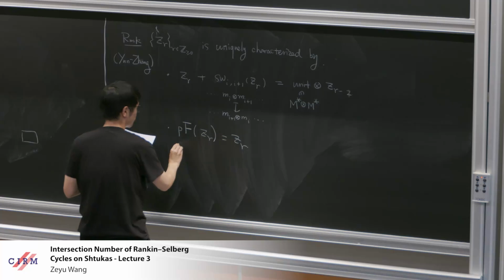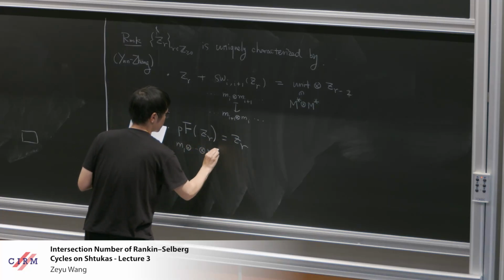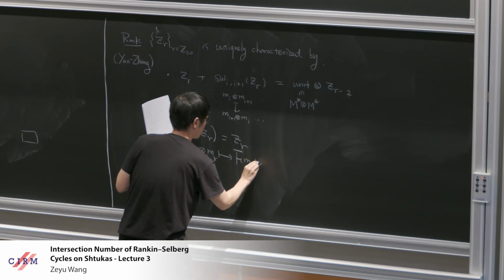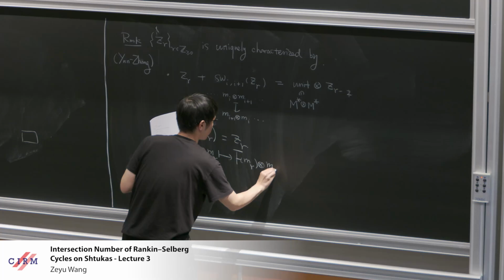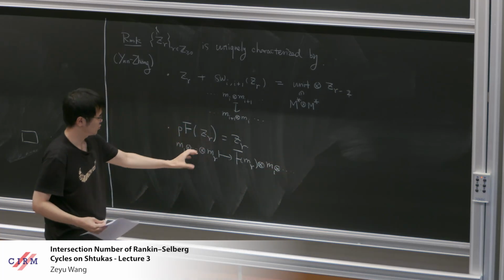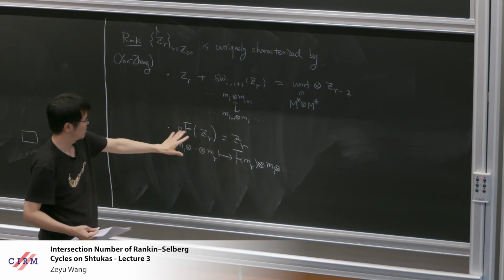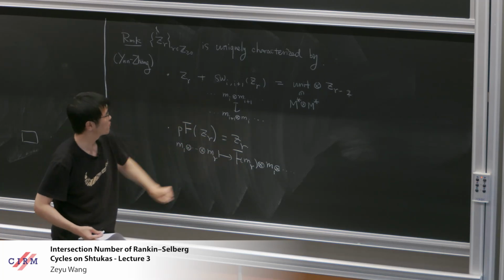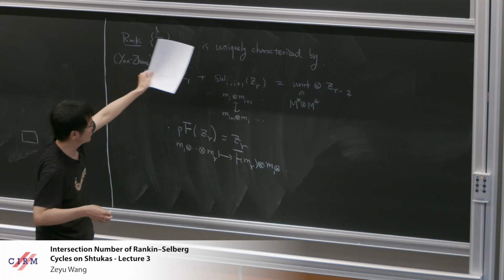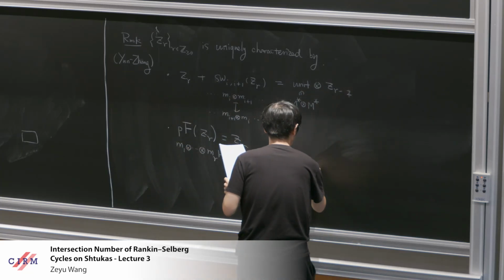What I mean is that you send this element to F(m_r) tensor m_1 tensor and so on, so just do a cyclic permutation, but make a twist by F. That's what I mean by partial F. This sequence of elements is uniquely characterized by these two properties, up to scalar.